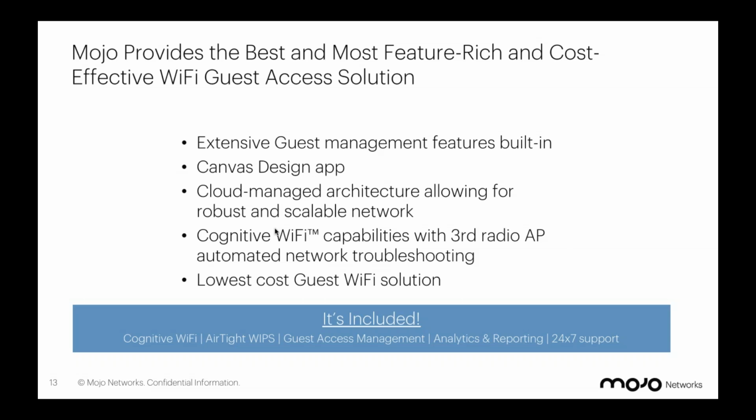So when you look at a Mojo access point, you're working with Open Reality, you're working with Mojo, make sure you're considering all of those costs, because when you look at the Mojo cloud license, everything here is included.